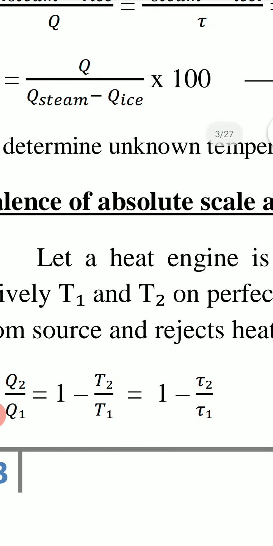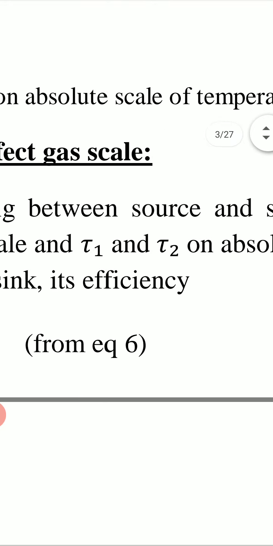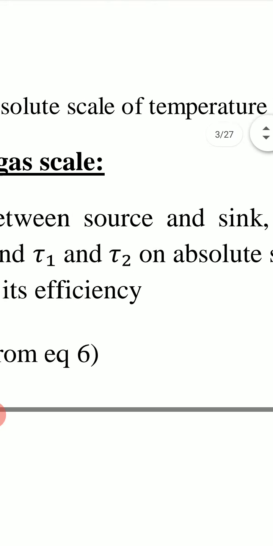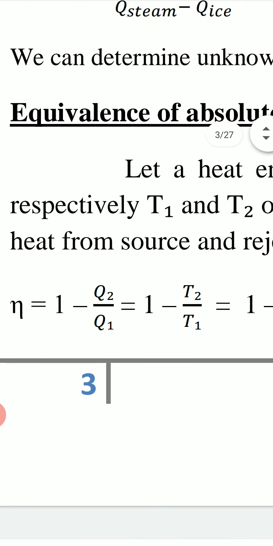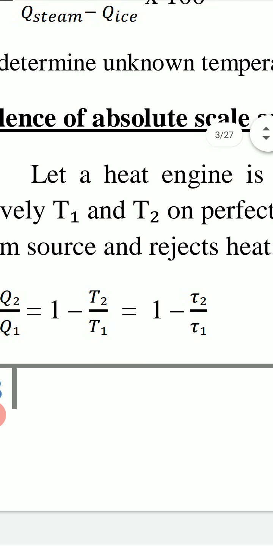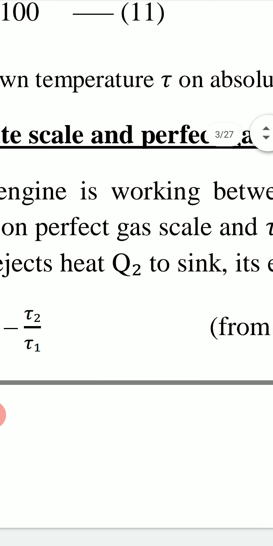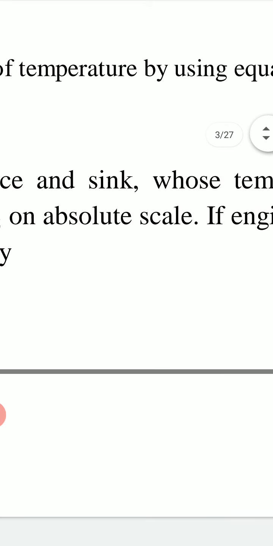To prove this, consider a heat engine which is working between a source and a sink, whose temperatures are respectively T1 and T2, capital T1 and capital T2 on the perfect gas scale, and tau 1 and tau 2 on the absolute scale.